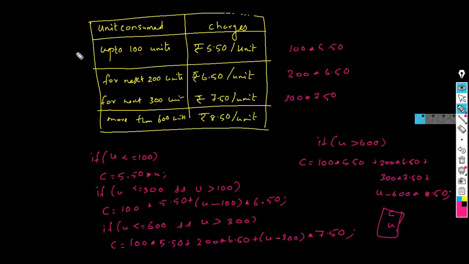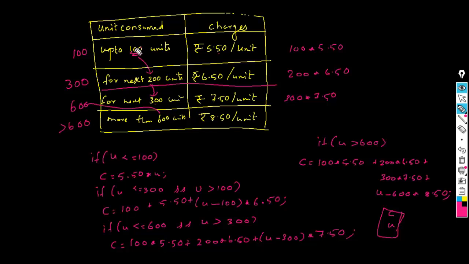So first, 100. That's what is given. 100 plus 200 will become 300. 300 plus 300 will become 600. And this one should match. So this is above 600.